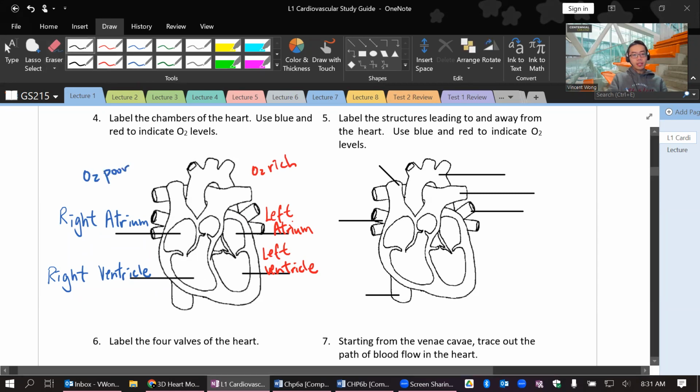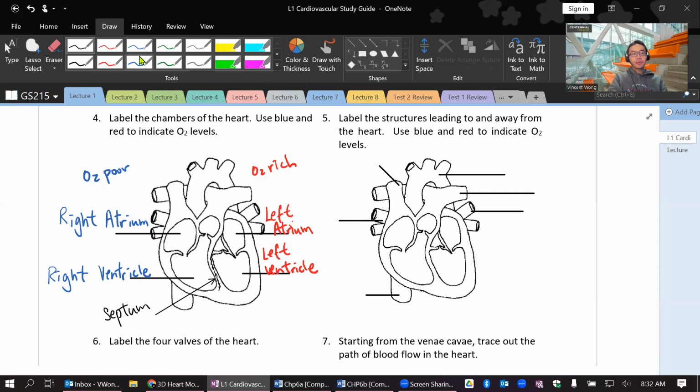Separating them, of course, is this wall, which you should know by now is called the septum. All right, so nothing's new, just things that we talked about last time.